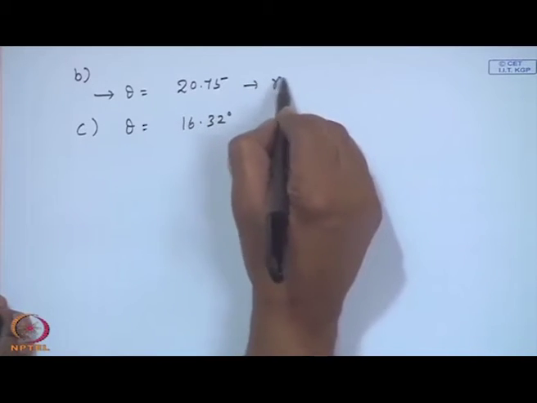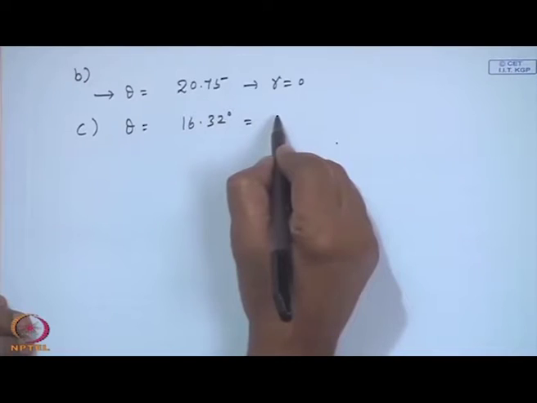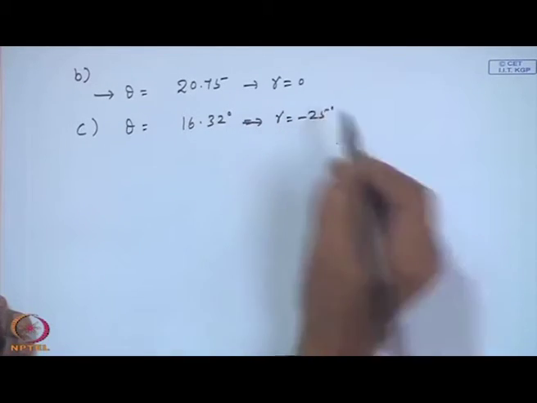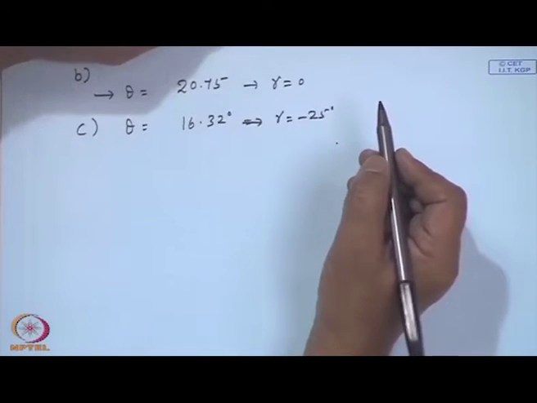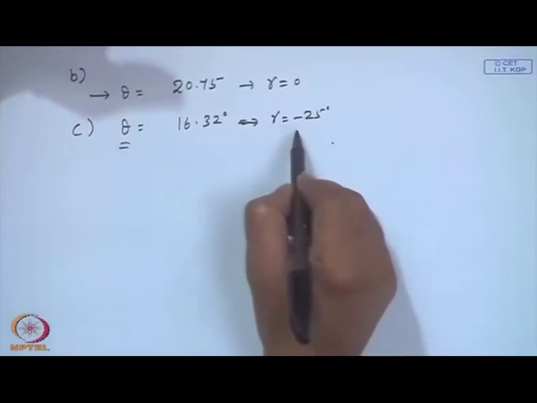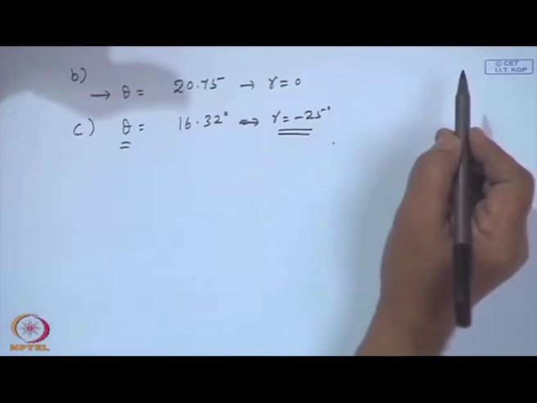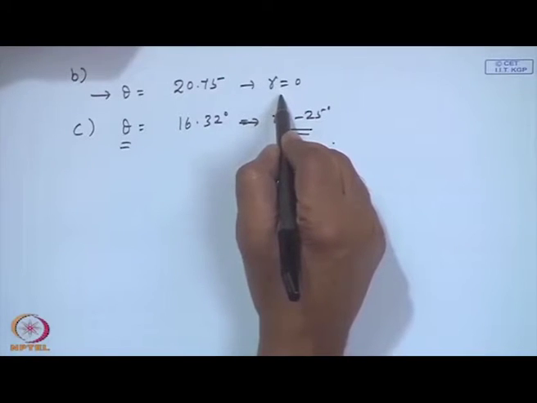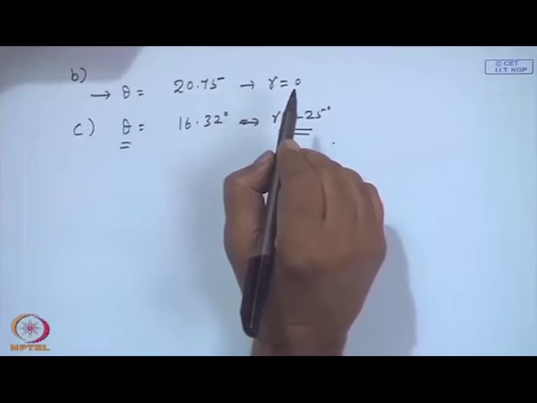This is gamma equal to 0 and this is gamma equal to minus 25. Now, it is generally believed that a south facing surface is optimum for solar collectors. But I find that the angle of incidence when it is not due south, but somewhat towards east, seems to be better compared to gamma equal to 0, the south facing surface.